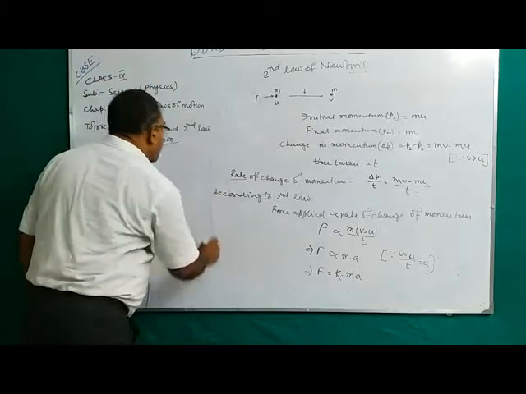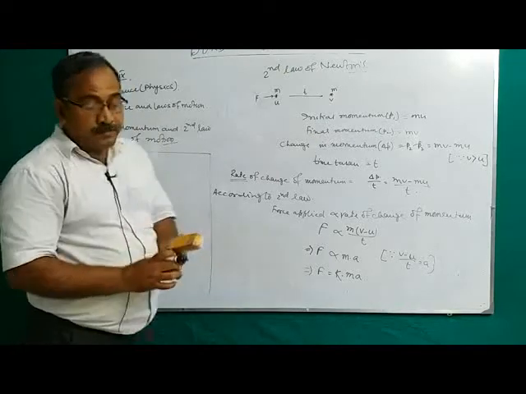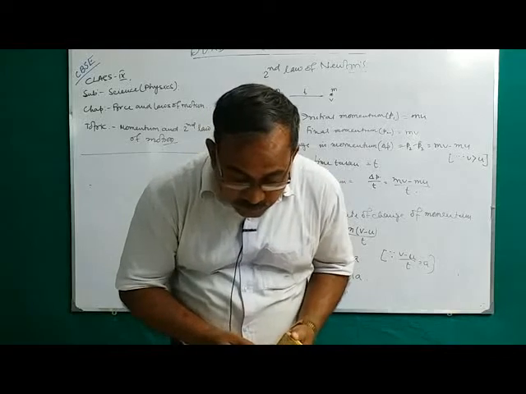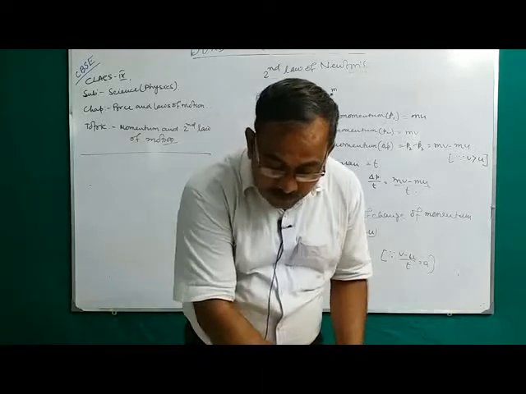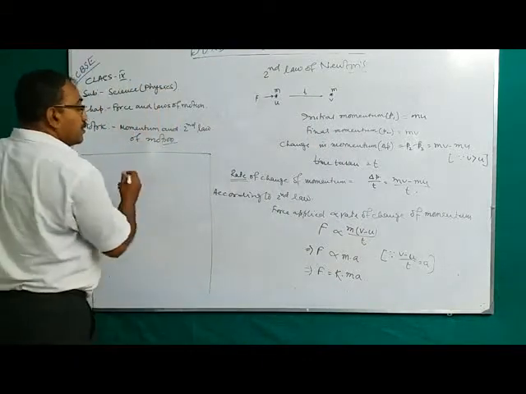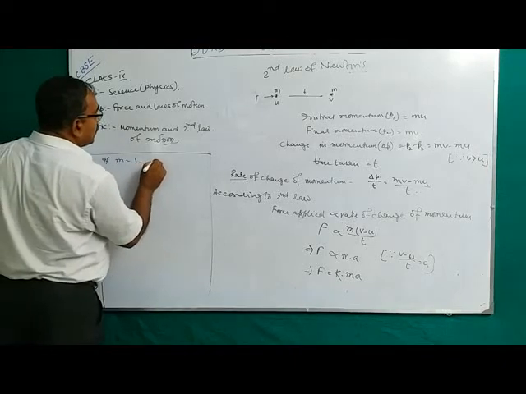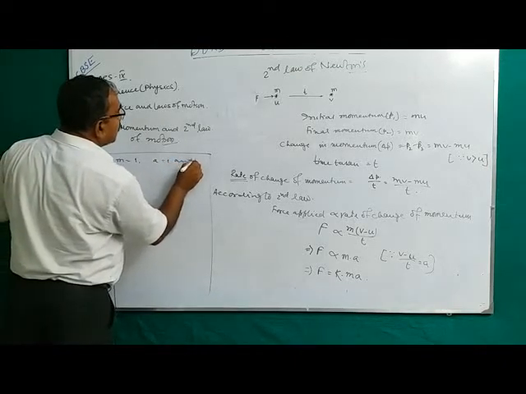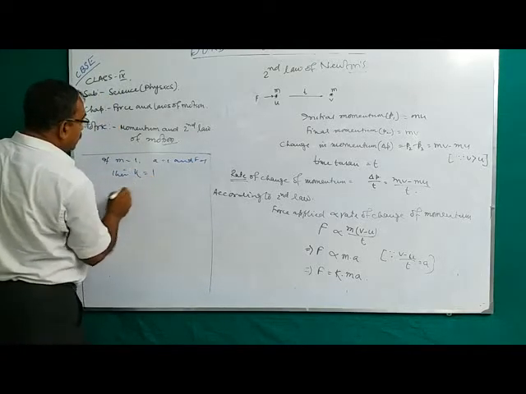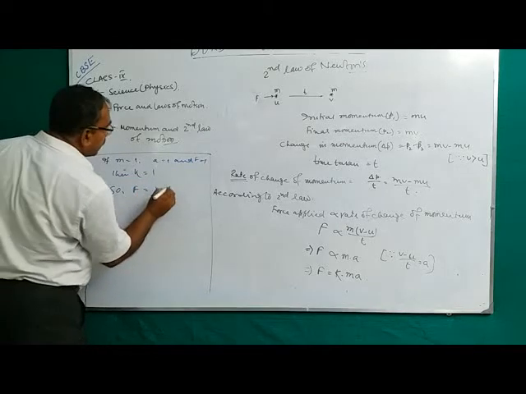Now, if m equal to 1, a equal to 1 and F equal to 1, then k equal to 1. So F equal to m into a.